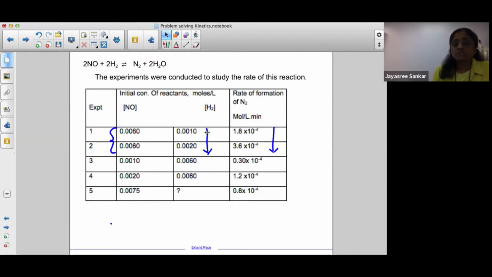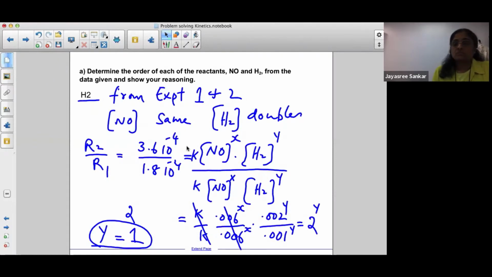When the concentration of hydrogen is doubled, the rate is also doubled. So they are going in the same proportion. So with respect to hydrogen, it is a first order reaction. So that's what we did here.